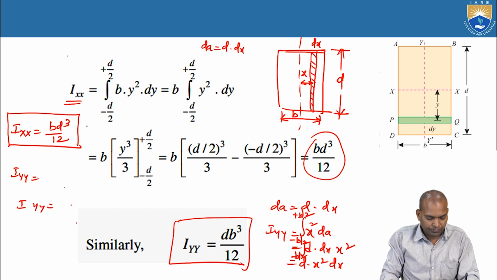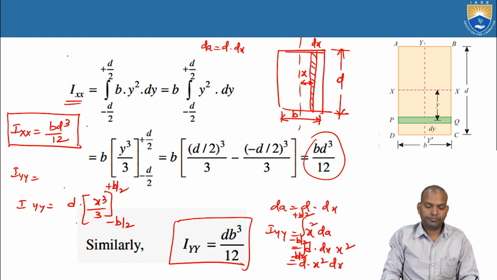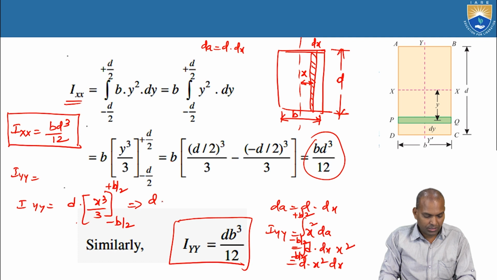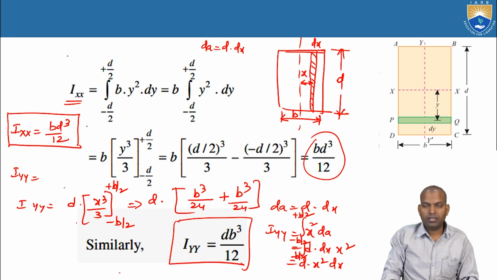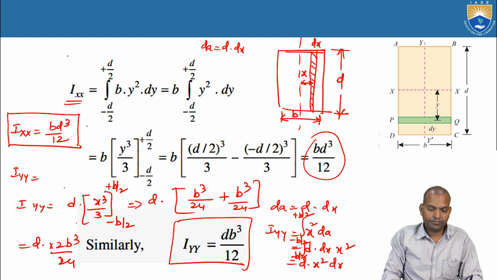Iyy equals d times x cube by 3, from minus b by 2 to plus b by 2. Now d times b cube by 24, minus of minus, plus b cube by 24. Then it becomes d times 2 times b cube by 24, which is 12, so db cube by 12.